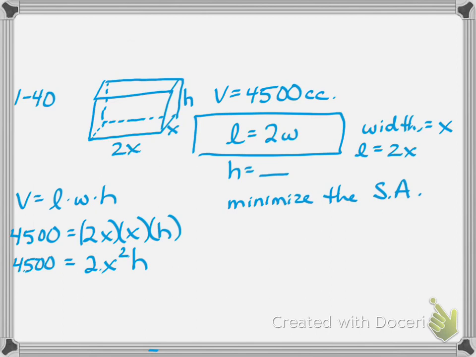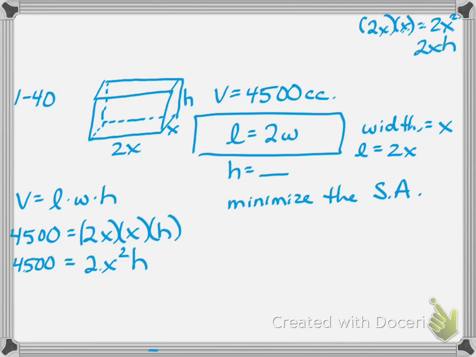The area of a bottom, it's a rectangle, so it's just length times width. And then we have the front panel of the box, which is length times width, so it's 2x. So if we're looking here at this front, we're talking about 2x and h. So it's 2x times h.